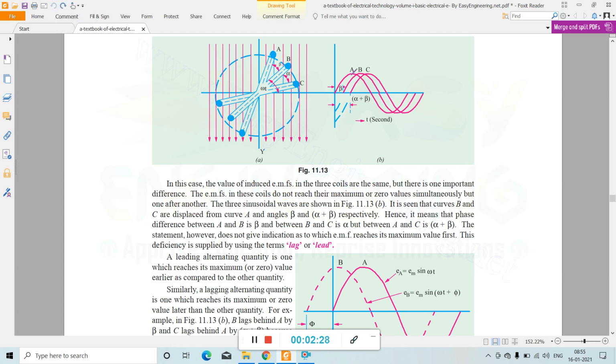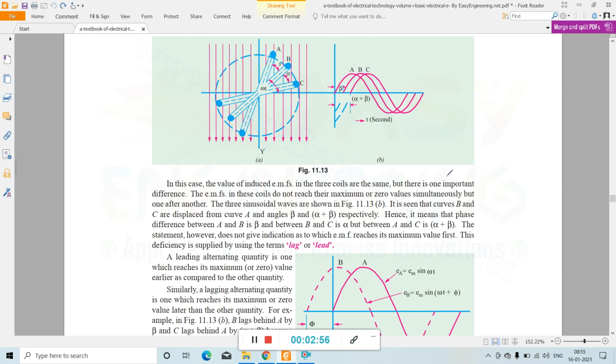A's maximum point is here, B's maximum point is here, C's maximum point is here. Similarly, A's zero point is here, B's zero point is here, C's zero value is here. They reach their zero or maximum one after another. So the three sinusoidal waveforms are shown here: EA, EB, EC.